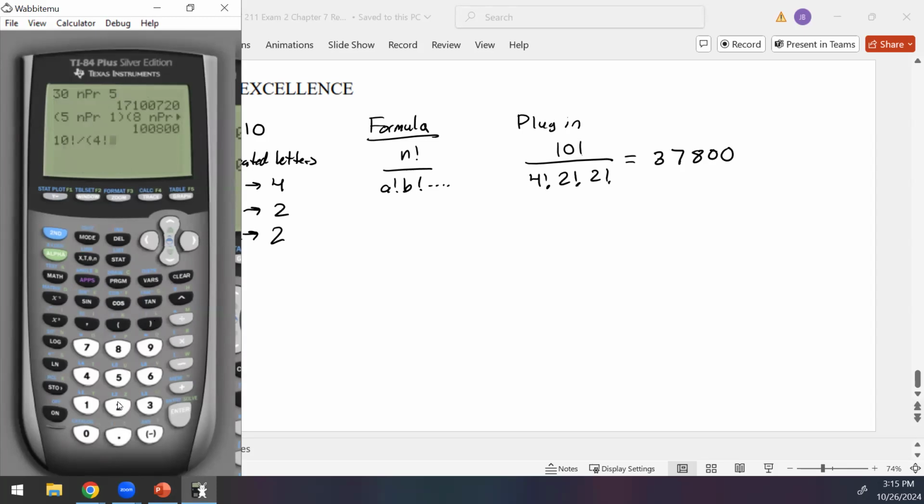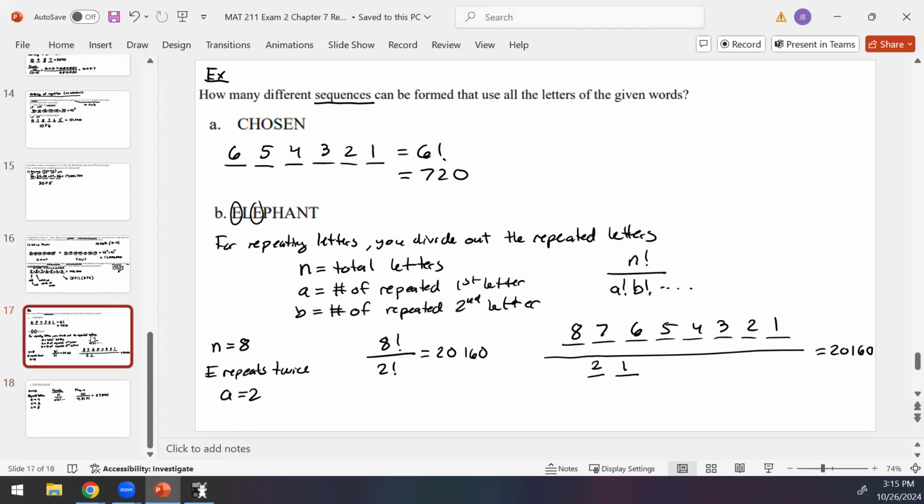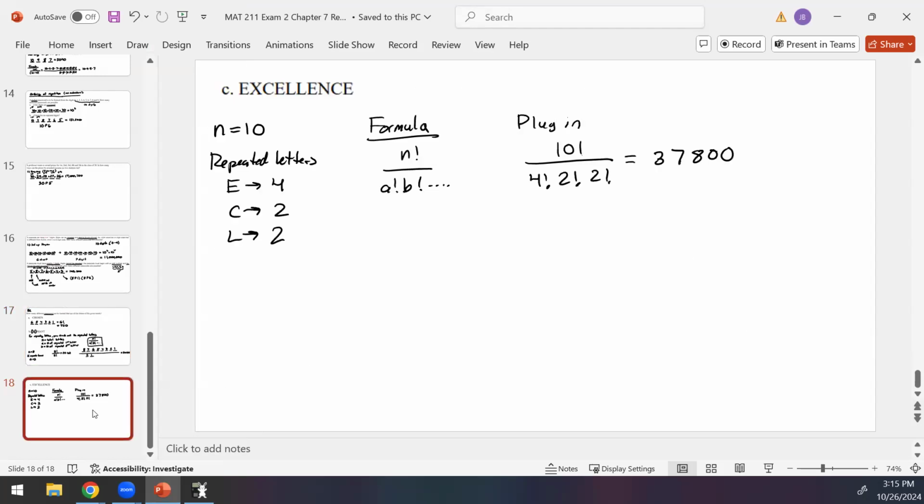So 2 times 2 times 2, and then we get 37,800. There it is. A nice little formula to remember in case you have repeats. Typically they don't ask these kinds of questions on the exam because they're more challenging, but in case they do, there it is.